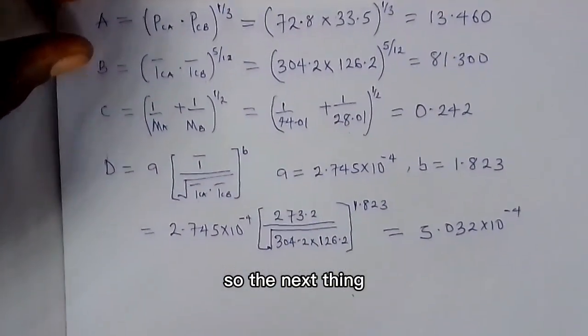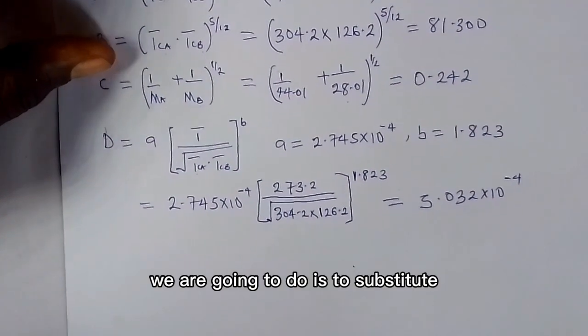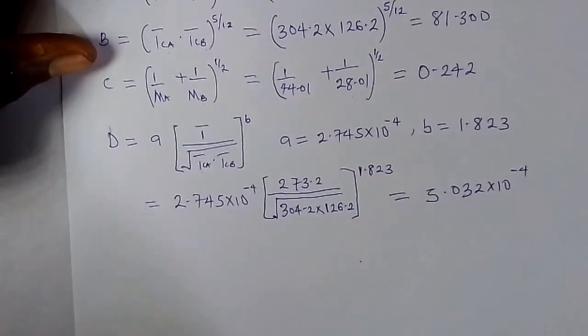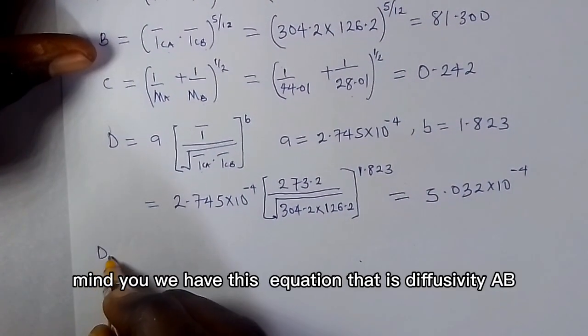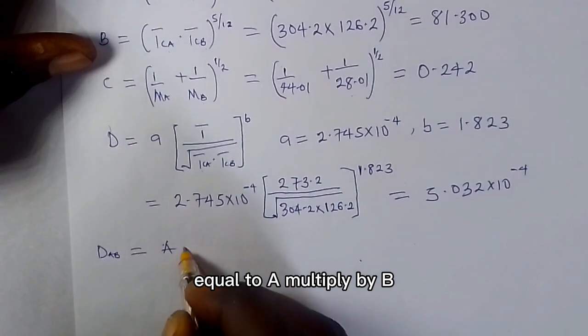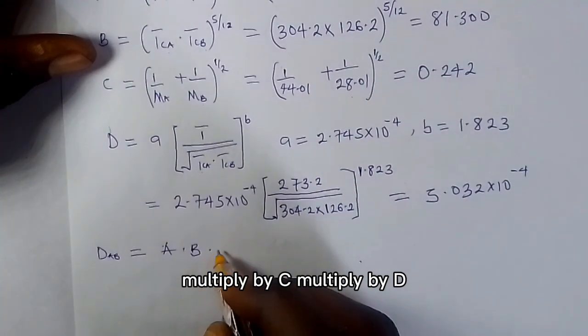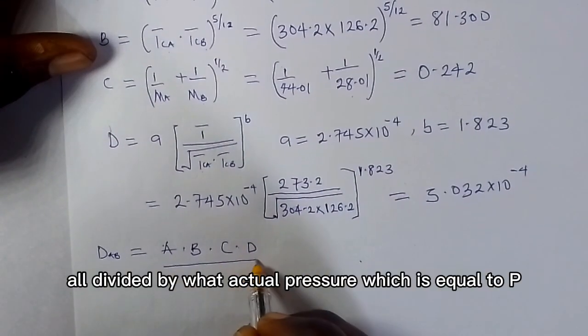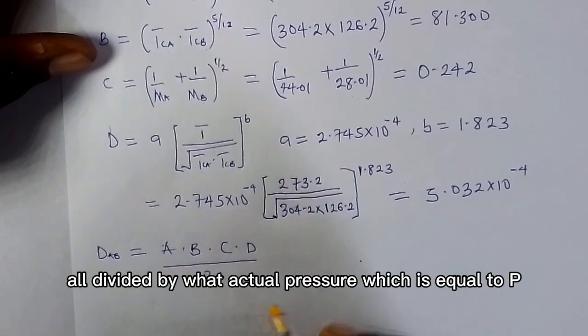The next thing we are going to do is to substitute into the Slattery equation. Mind you, we have Slattery equation, that is diffusivity AB equal to A multiplied by B multiplied by C multiplied by D, all divided by actual pressure.